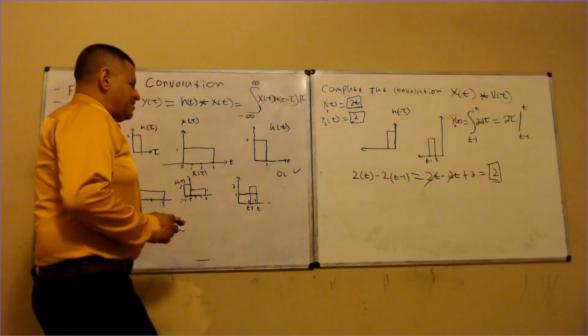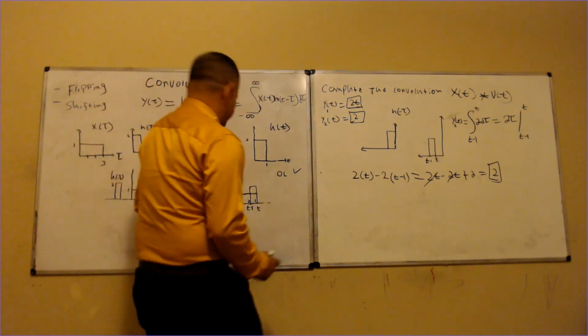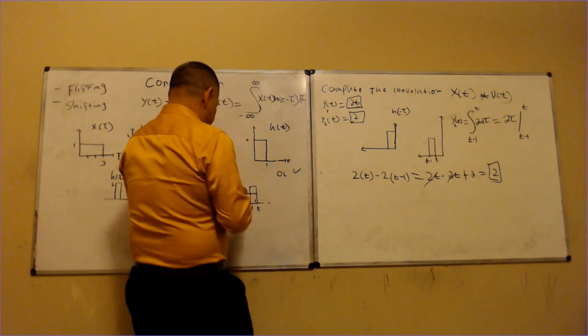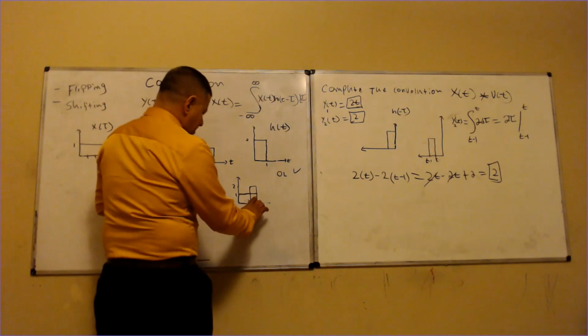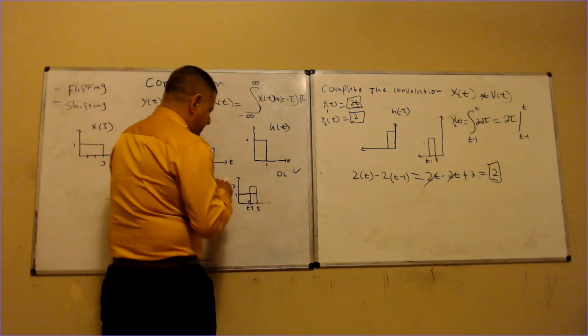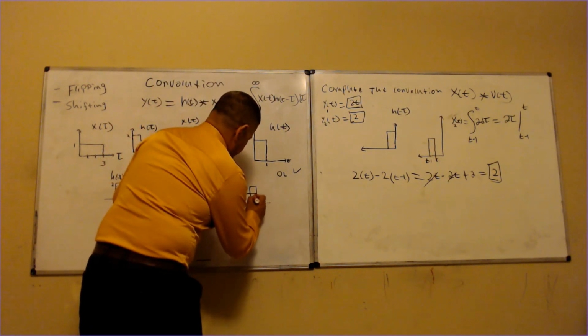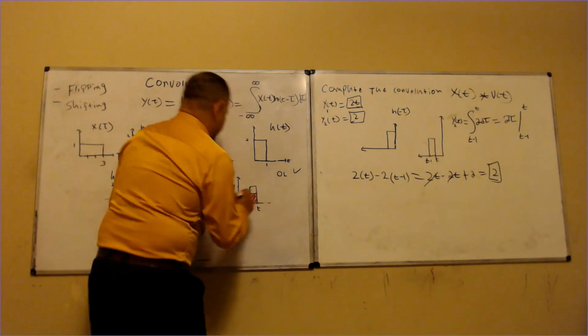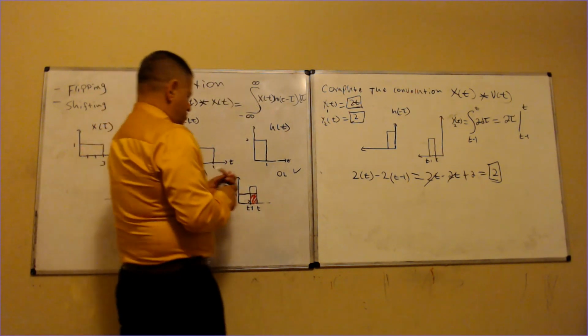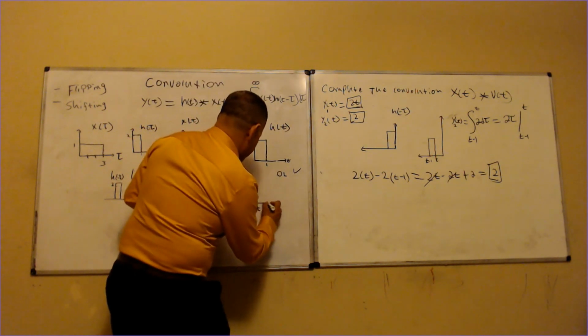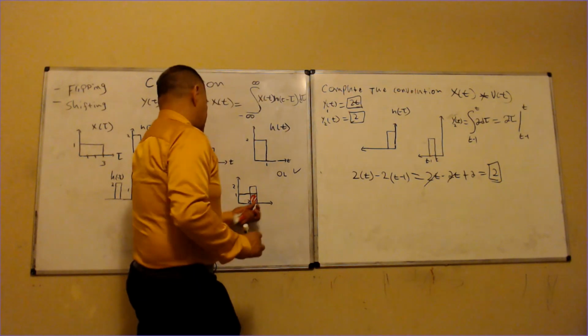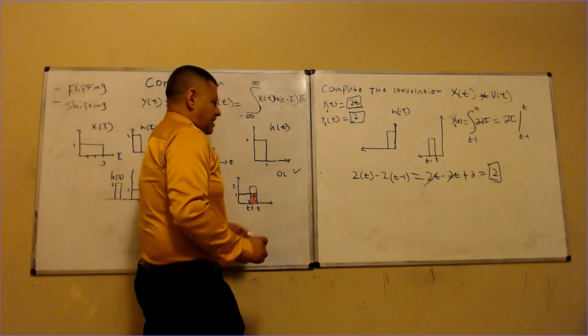So the next limit of integration is going to be, okay, the question is, where is the overlapping? Well, the overlapping now is here. Over here there's no overlapping, so we're not going to do that.